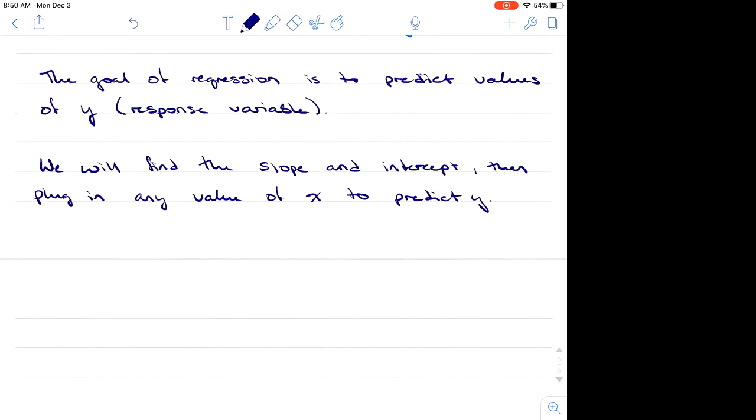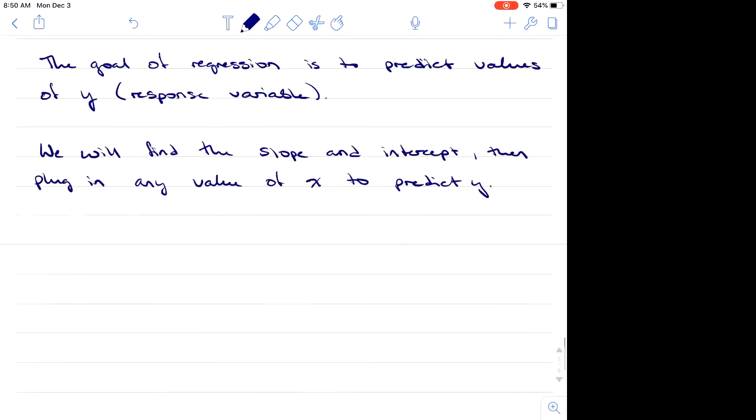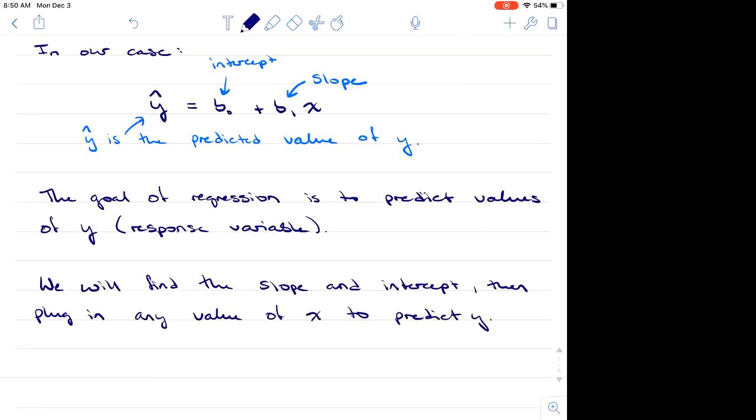So I'm actually going to skip that. First, before we do any calculations, I want to define the definition of the slope and the definition of the intercept. Because if you look at your assignment, part D, I ask you to find the slope, so just calculate it.